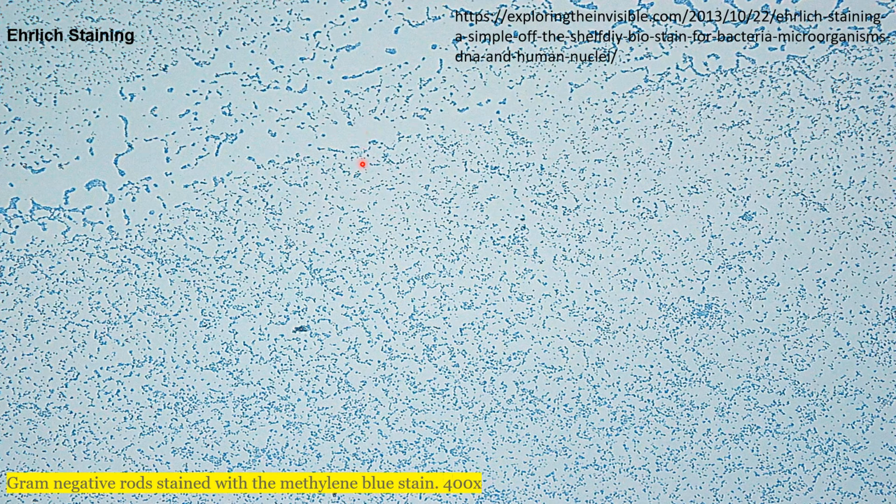Of course, using simple stain, we could get some information about our sample. For example, the cell shape or morphology of the cell, as well as the arrangement. So in this example, we have a rod, or bacilli, but it's hard to tell because it's only 400x.